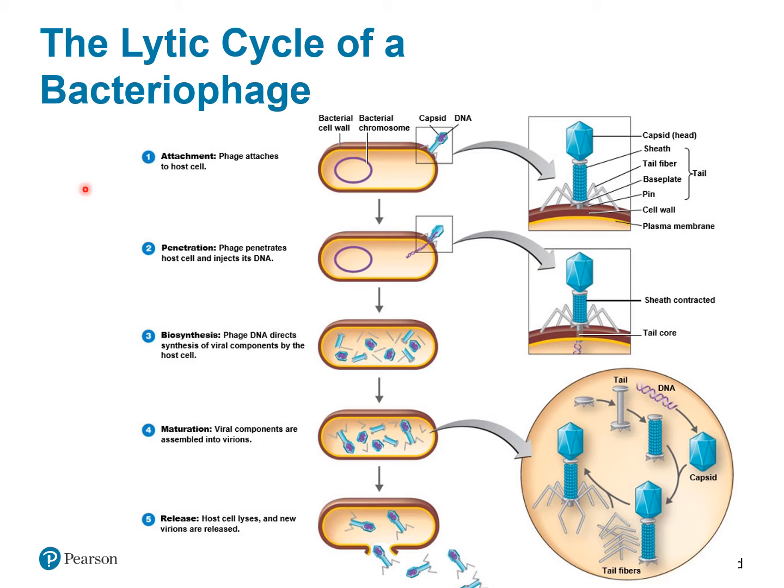This is known as the lytic cycle, and lytic means bursting open. So the bacteria cell eventually bursts open, and all of these bacteriophages are released, and they can go infect other cells.